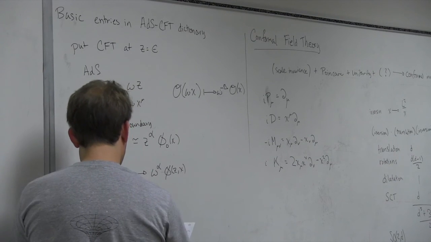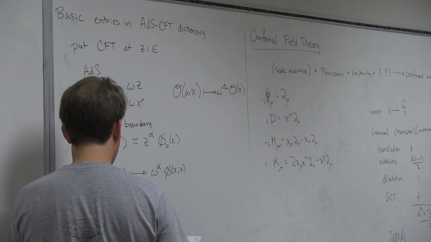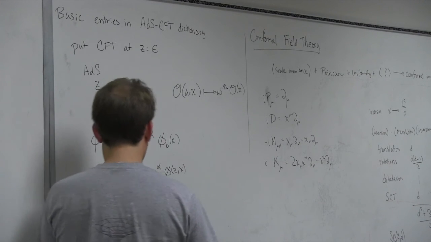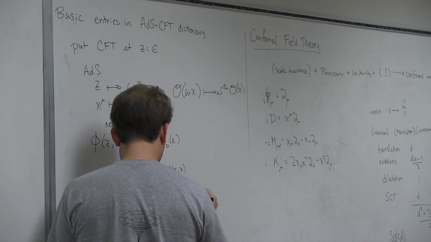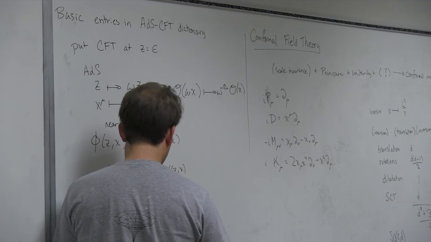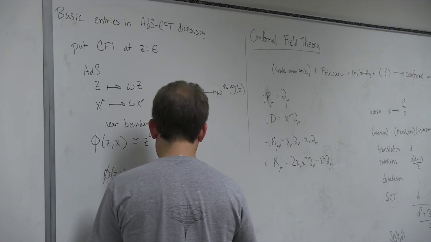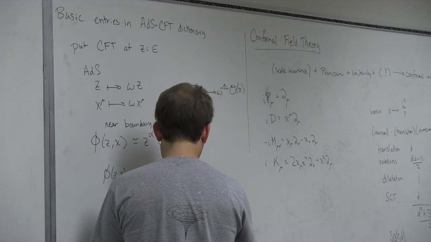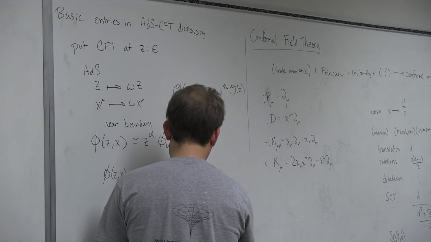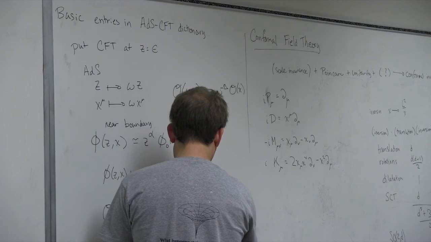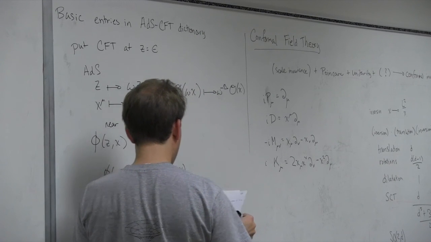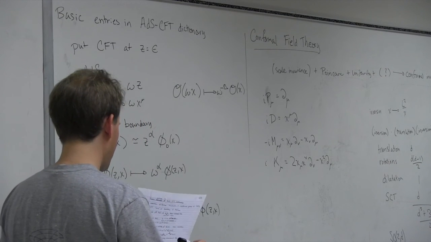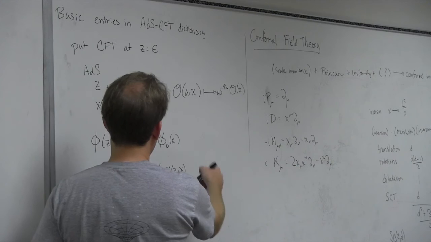So it suggests we make the following definition, that we can define an operator in the CFT at a point x as a limit. There's going to be some normalization here. So then alpha is the scaling dimension of the CFT, and this should just be phi naught.